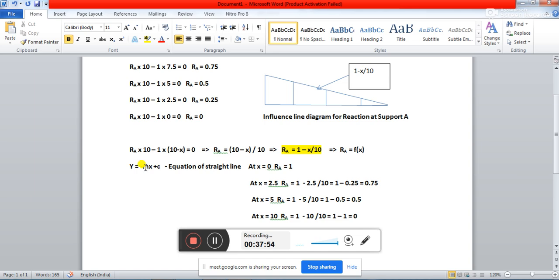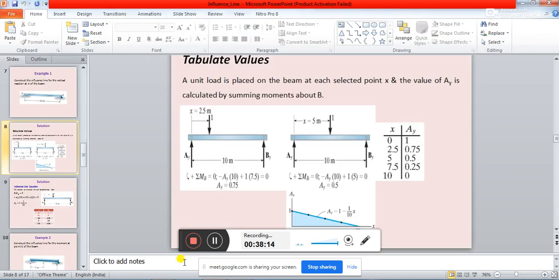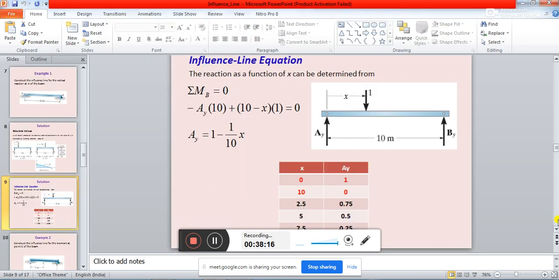That is nothing but the equation of a straight line of the form y equals mx plus c. So you have got an intercept of 1, then the value gradually decreases, and it will become 0 at this point. Is it clear? Okay, now let us go to the next slide. That's what we have shown in this.